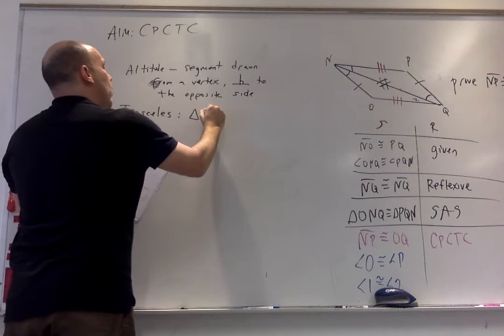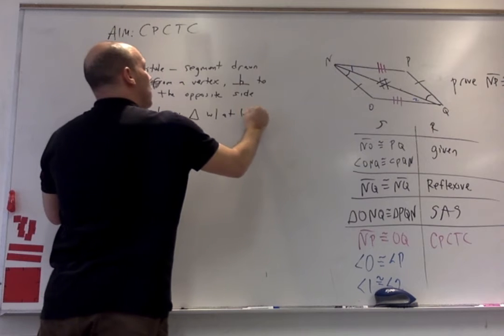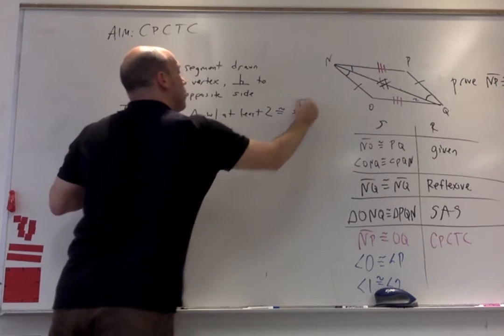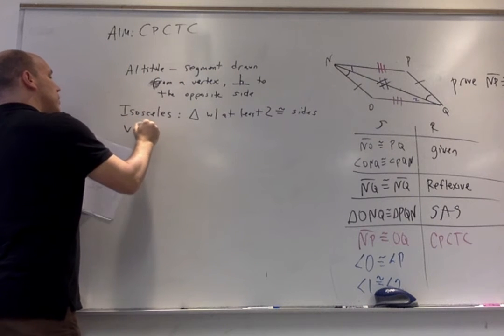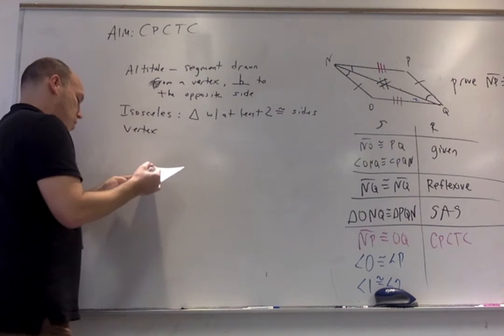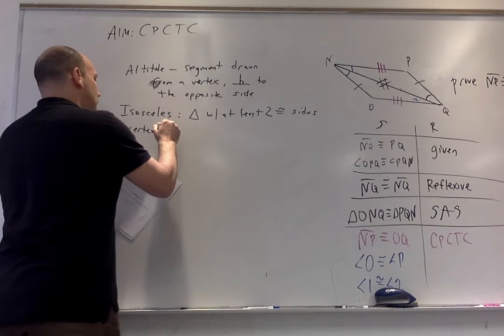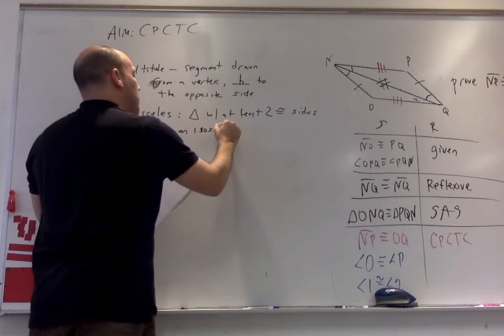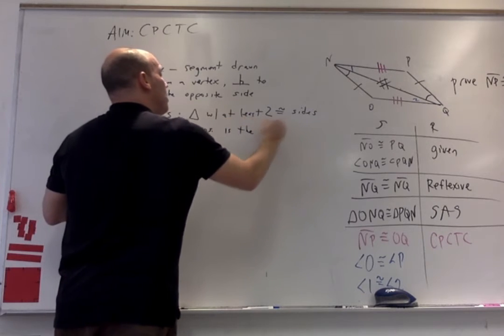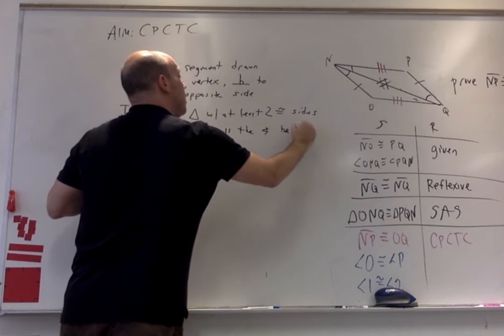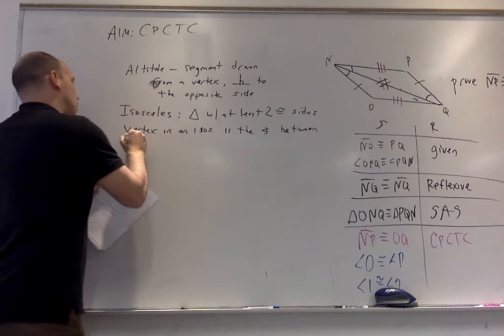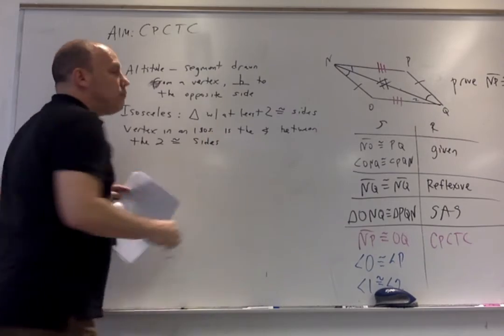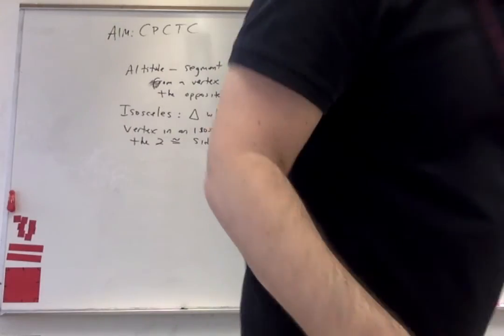This is a triangle with at least 2 congruent sides. And the vertex in an isosceles triangle is the angle between the 2 congruent sides. So the picture looks something like this.